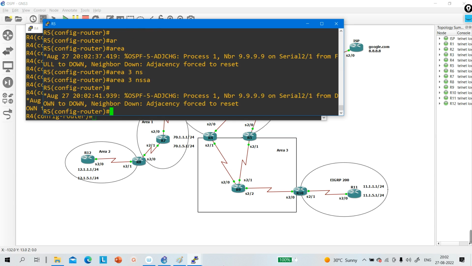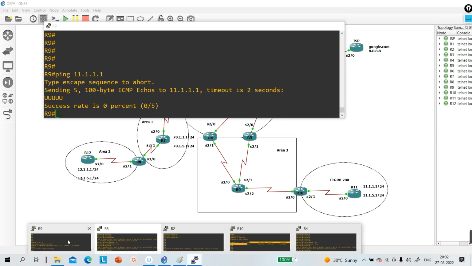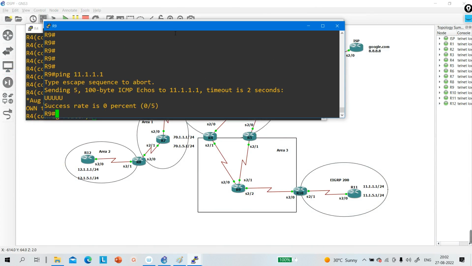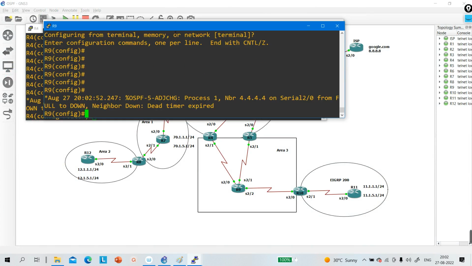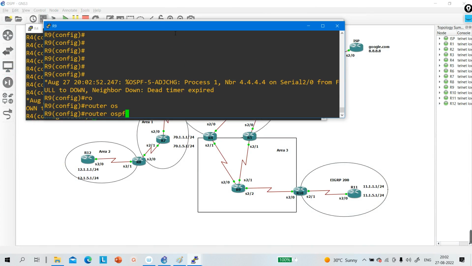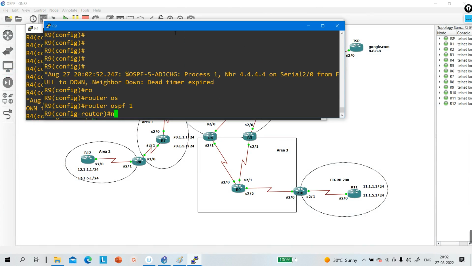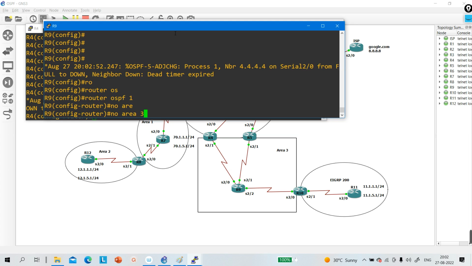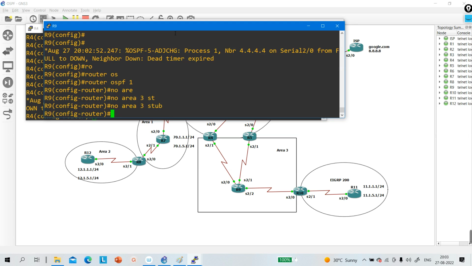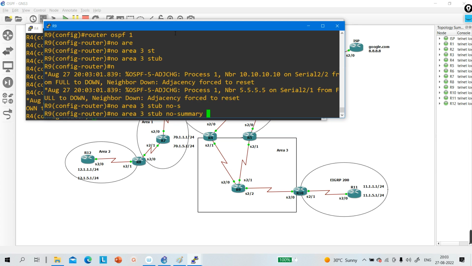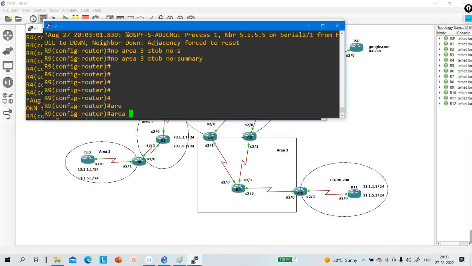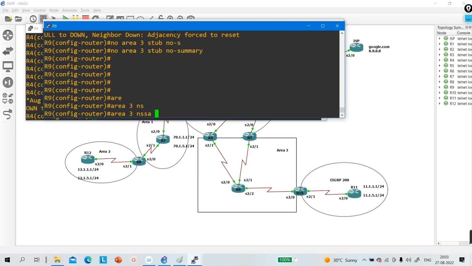Okay, in the same way, go to router number 9 also. So you have to configure NSSA area on every router which is part of area 3, right? So router OSPF process ID 1 and say no area 3 is stub, no summary first, right? And area 3 is NSSA.